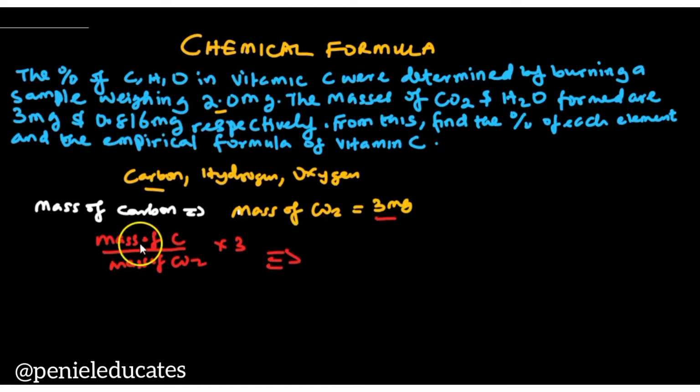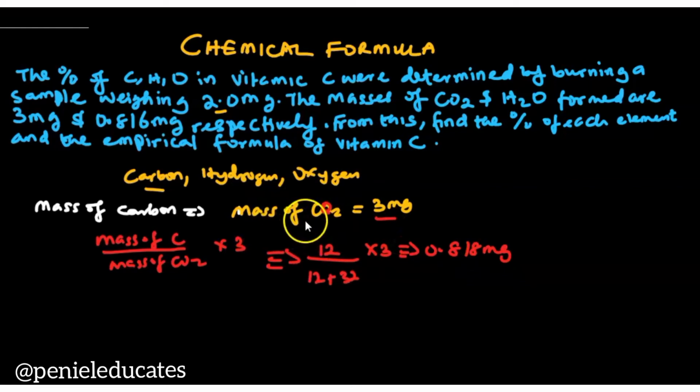We have 12, the atomic mass of carbon, over 12 plus 16 times 2, which is 32, then multiply by 3. If we do that, we have 0.818 milligram. That is the mass of carbon in the 3 milligram of CO2.